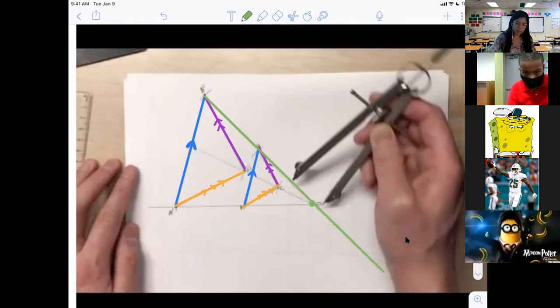When you connect every single pair and just kind of keep it going, all 3 of those lines are going to meet up at the center of dilation. See what I mean there? So if I connect A prime and A and just make a really long line, B prime and B, make a really long line, C prime and C, make a really long line, all 3 lines are going to meet up at the center of dilation.